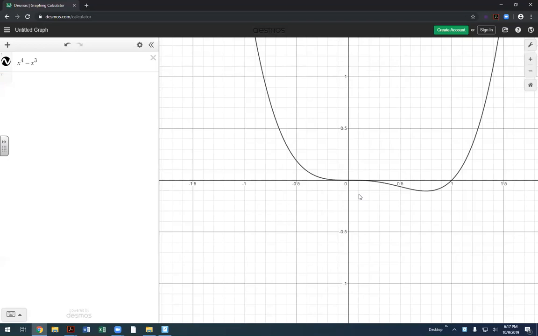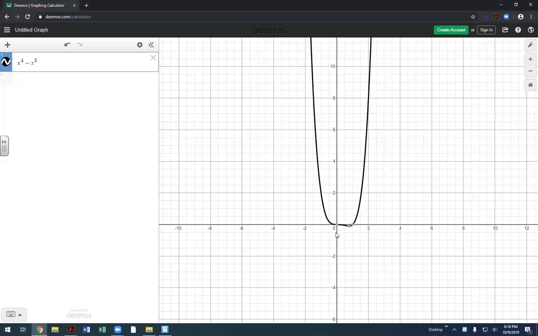Even if I were to fold it along the y-axis, my two halves would not coincide. So there's no symmetry with respect to the y-axis. If I was to take the distance from the origin, even if I randomly picked this point here and this point here, they're not going to be the same distance from the origin. So with respect to both the symmetries that we've talked about, this guy has neither.